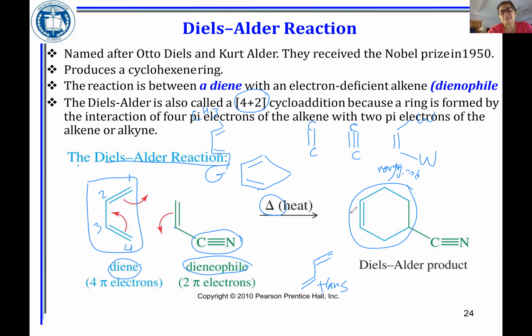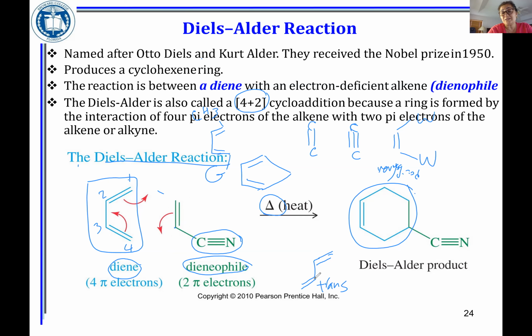Because the final product is a cyclic system. So if it's trans, there is a rotation required here. That's going to slow down the reaction. But if it's already cis, it's kind of ready to go and form the cyclic system. So a cis diene is preferred over a trans diene.